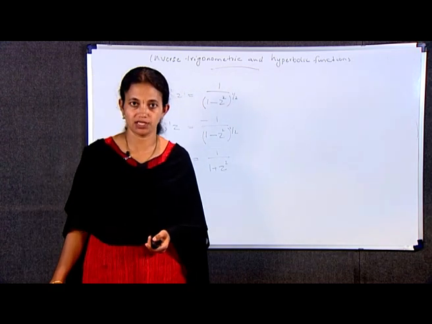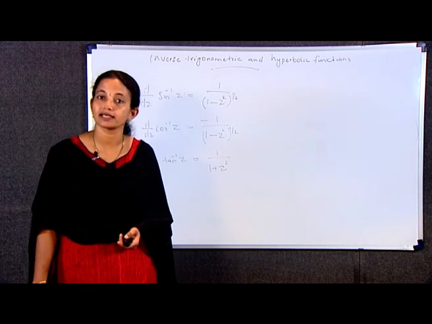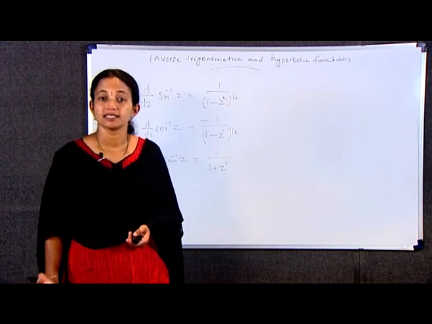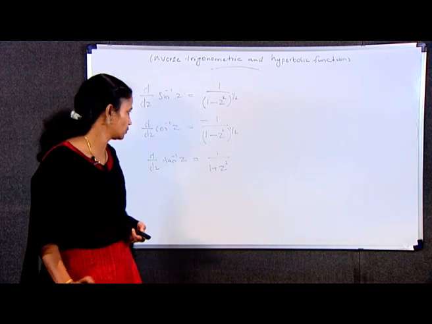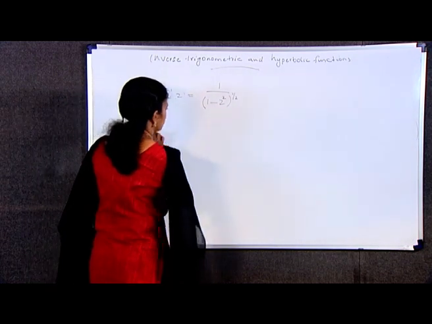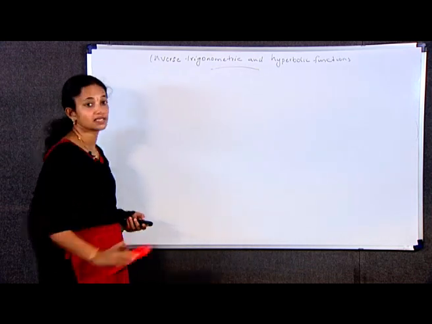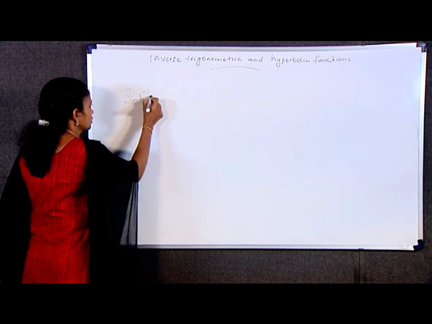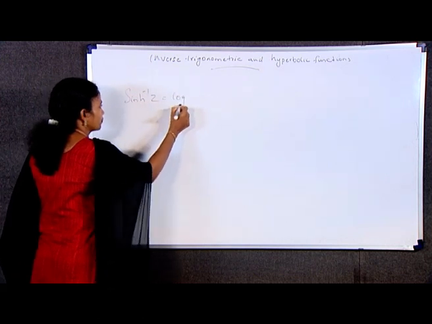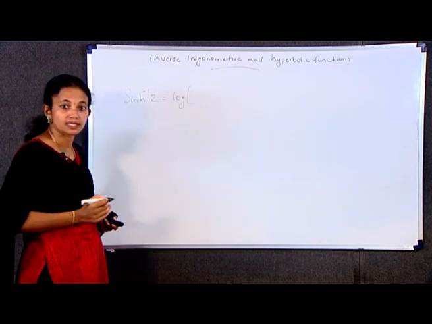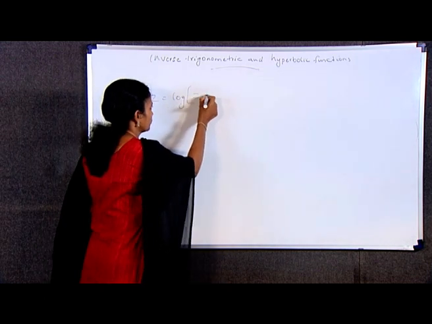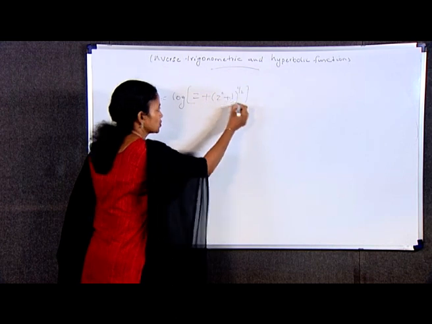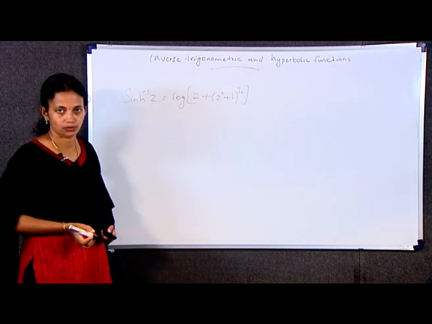Inverse hyperbolic functions can be treated in a corresponding manner. It turns out that sinh inverse z is equal to the logarithm of z plus (z square plus 1) raised to 1 by 2.